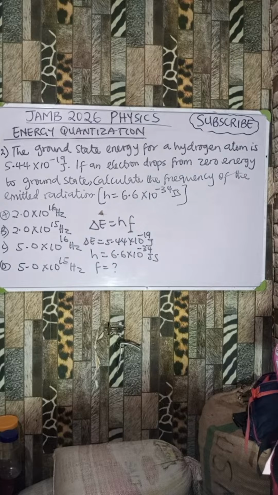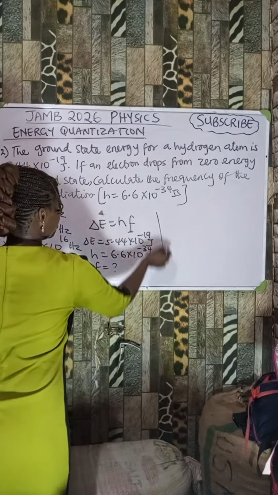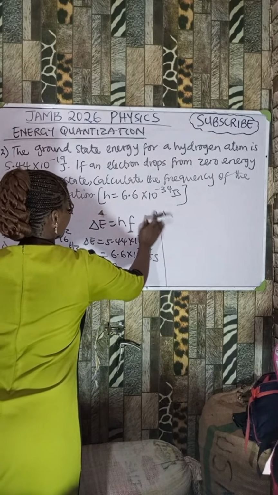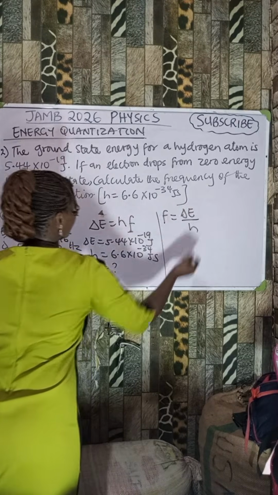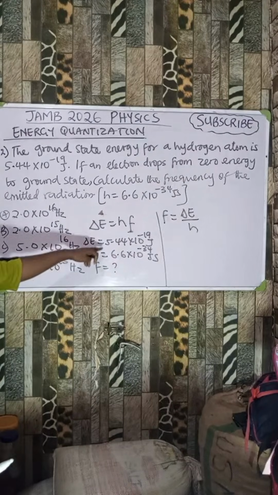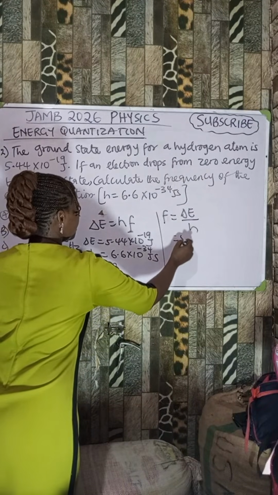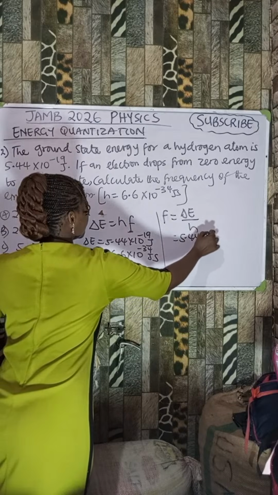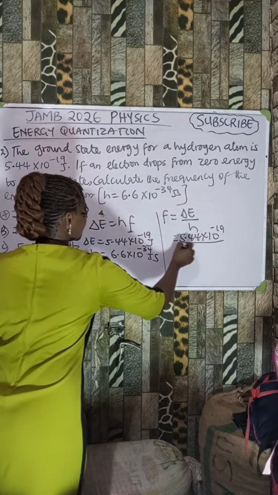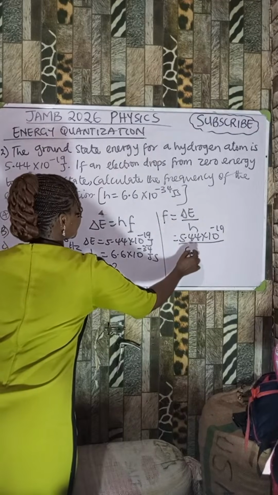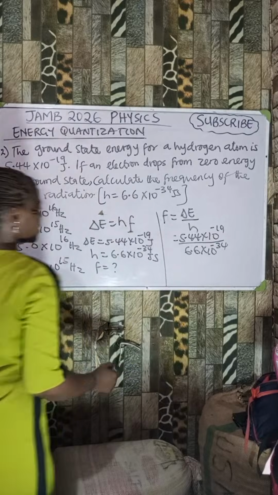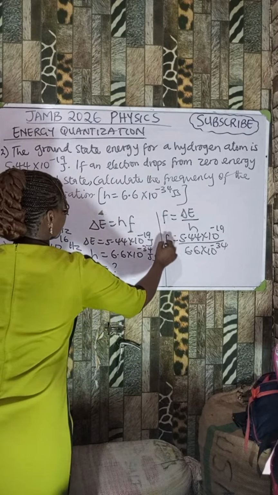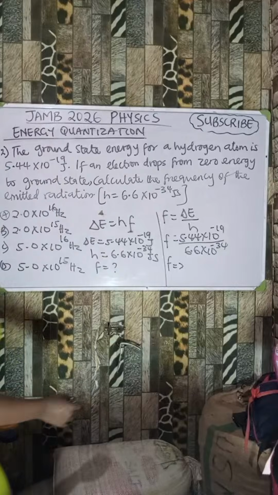Now if you do that, the frequency is equal to the change in energy over H. Now we have this, which is 5.44 times 10 power minus 19 divided by 6.6 times 10 power minus 34. Now you can work on that to get our frequency.